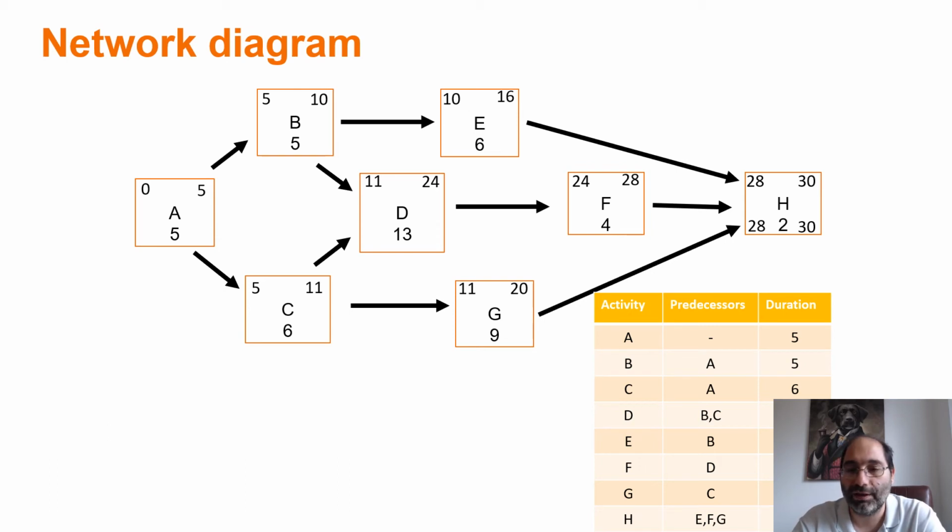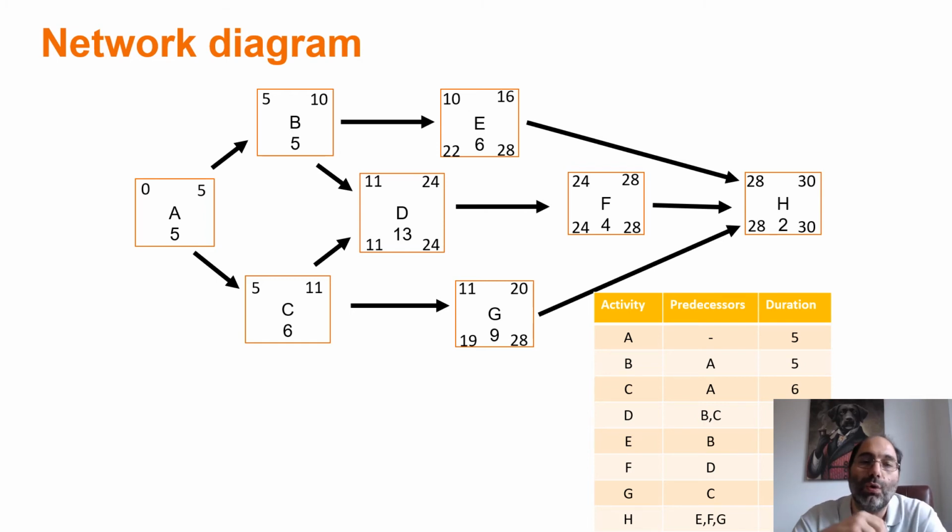Now, moving to activity G, the late finish of activity G is going to be the late start of activity H. The same applies for F and for E. So for F, the late finish is 28 minus 4, 24. For G, 28 minus 9, 19. For E, 28 minus 6, 22. Moving to activity D, 24 minus 13, 11.